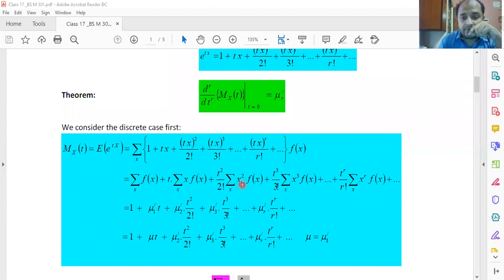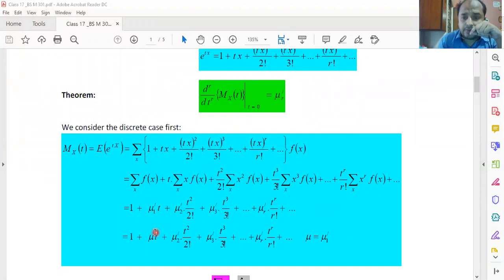Similarly, expectation of x square will be mu2 prime, expectation of x cube will be mu3 prime, and expectation of x to the power r will be mu r prime. And t square by 2 factorial, t cube by 3 factorial, t to the power r by r factorial will remain the same. They will not be affected by anything.